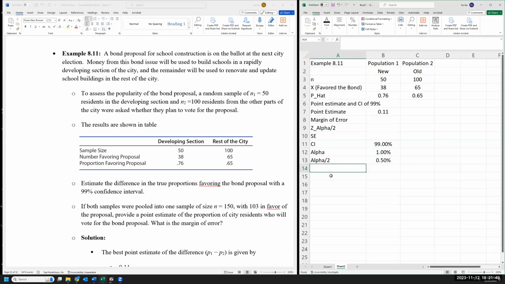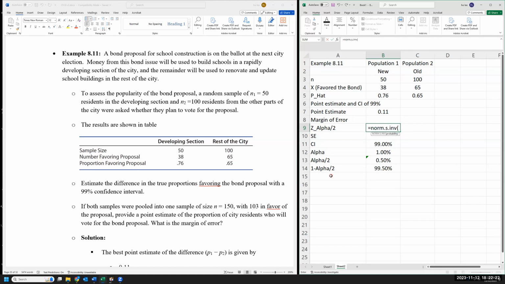And for us to get the Z of alpha divided by 2, using Excel, we're going to have to calculate 1 minus alpha divided by 2, which is equal to 1 minus this. So then Z of alpha divided by 2, or the cutoff number that puts 0.5% to the right and 99.5% to the left, is equal to NORM.S.INV.